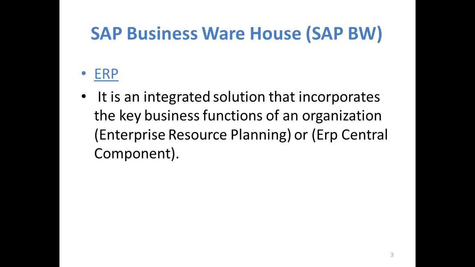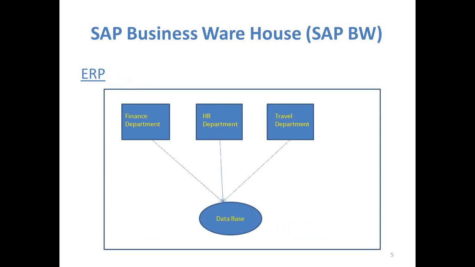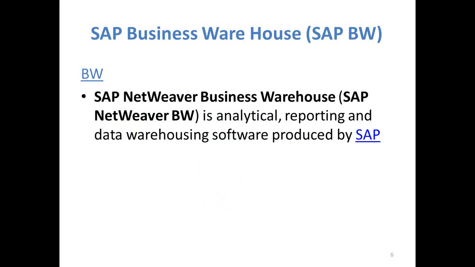Okay. So now you might have understood the picture of ERP and what came before ERP. Now let's come to the actual point, SAP BW. BW stands for Business Warehouse.